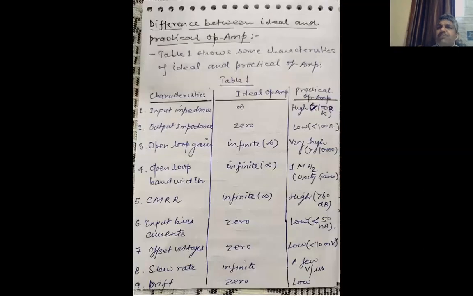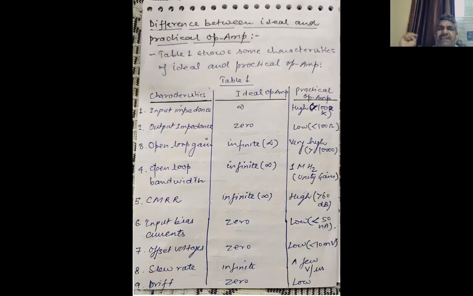Now the next topic is how to identify the ideal and practical op-amp, or the major differences between them. We will consider some characteristics of ideal and practical op-amps and try to find the values of these characteristics.